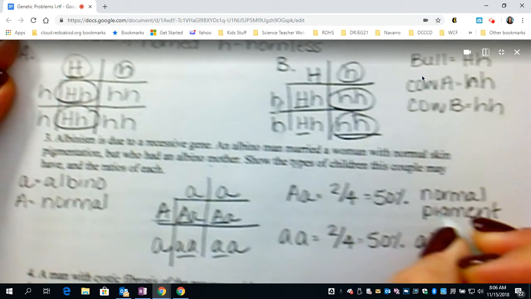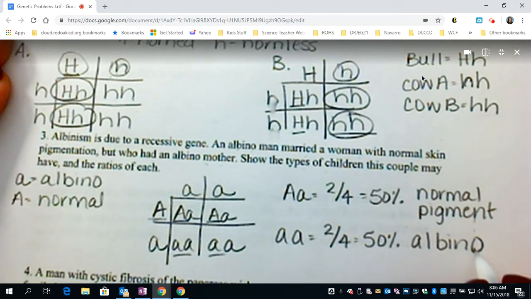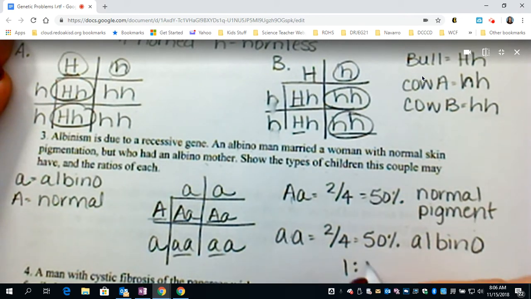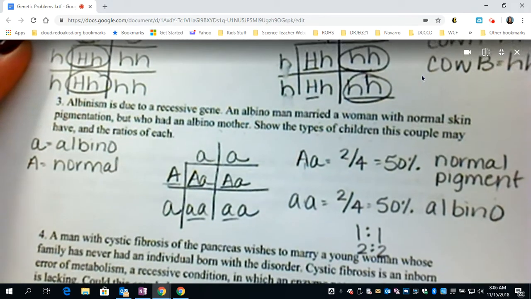So here I have the phenotypes and I also have the genotypes. So I have my genotypic ratio, my phenotypic, 1 to 1, or like I said earlier, it can be 2 to 2.